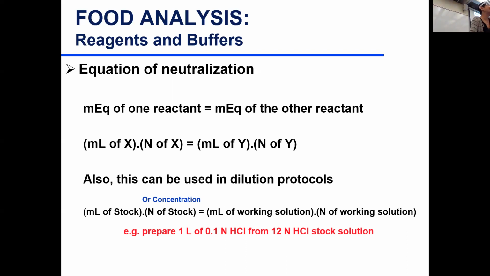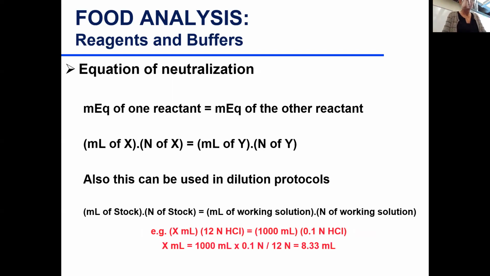Yes, Grace. 8.3 milliliters. Yes, 8.33 milliliters. So you apply the equation, make sure you put in your units. So you have 1,000 ml by 0.1 normal, and then you divide by 12 normal, you get 8.33 milliliters. So that's what you need.